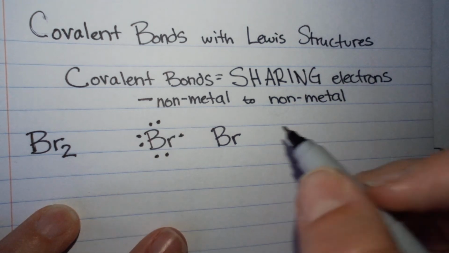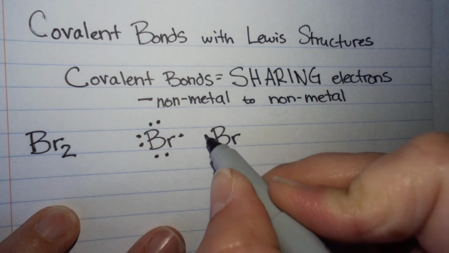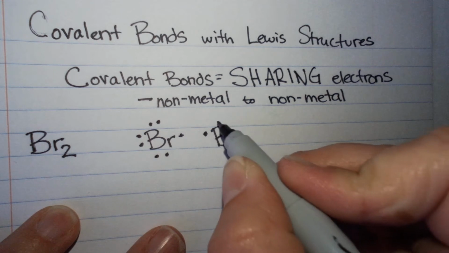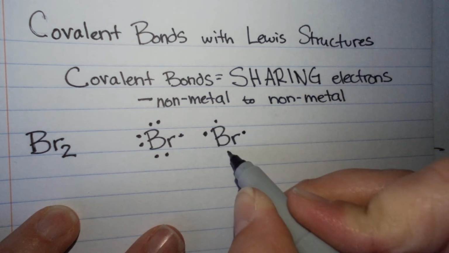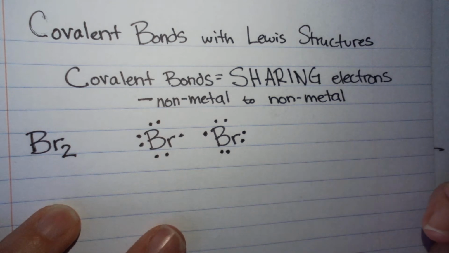We have to do the same for the other one. You might notice that I'm going to direct my lonely electron. You can do that if you want to, but you don't have to. 1, 2, 3, 4, 5, 6, 7.